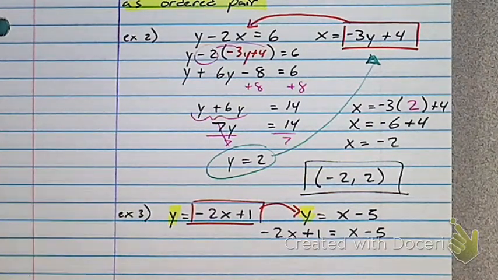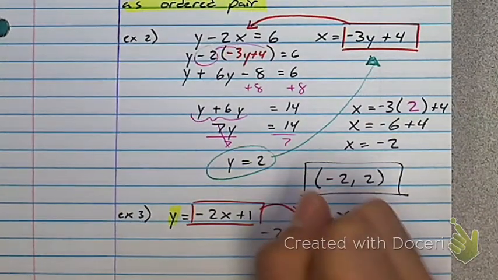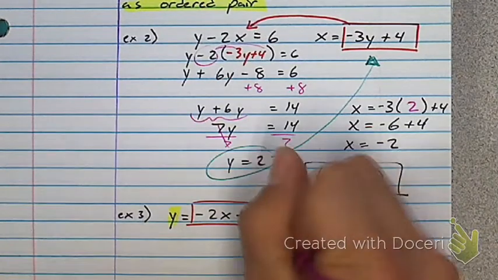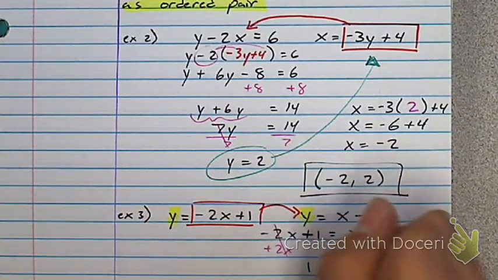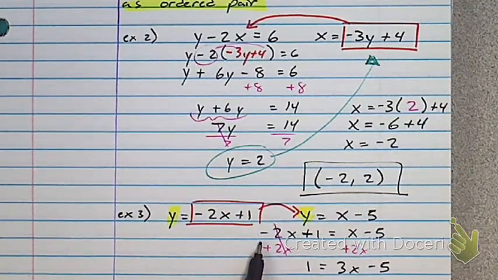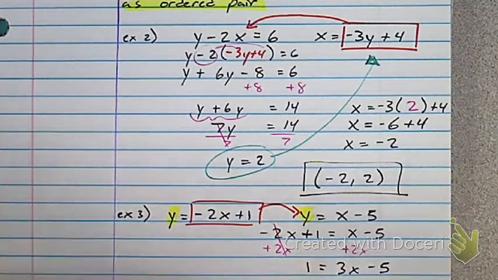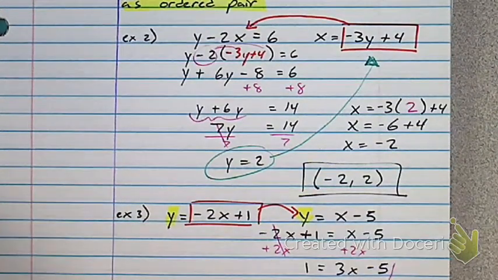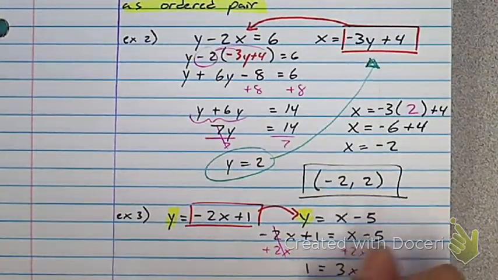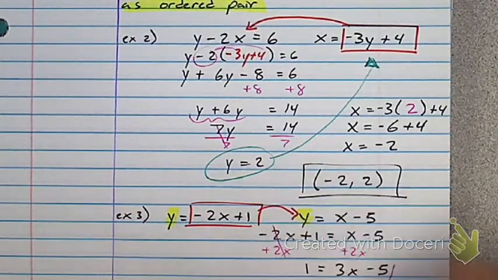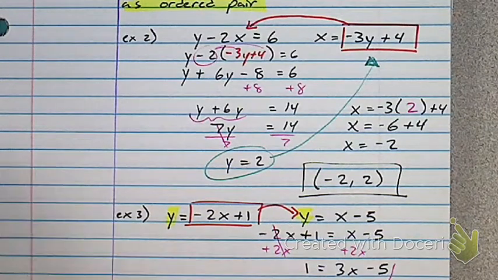You solve. You get 1 equals 3x minus 5. If you wanted to move the x first, that's okay. You get 6 equals 3x. Divide to give me x equals 2.